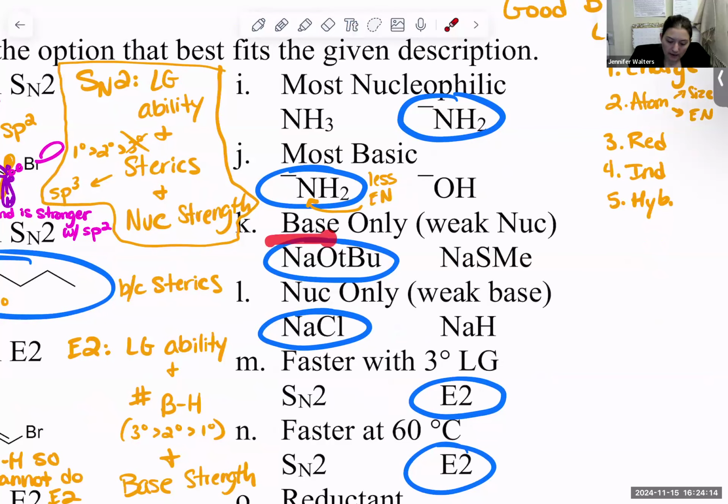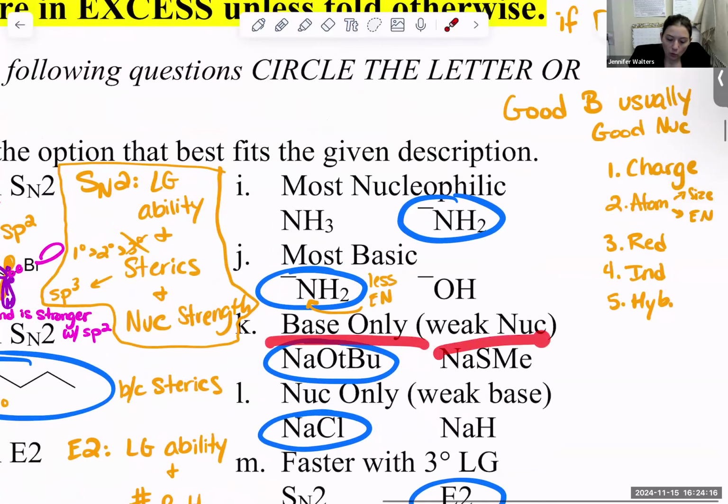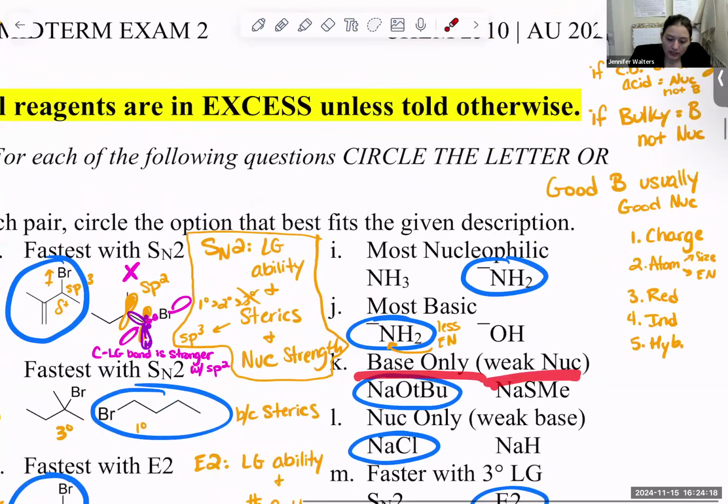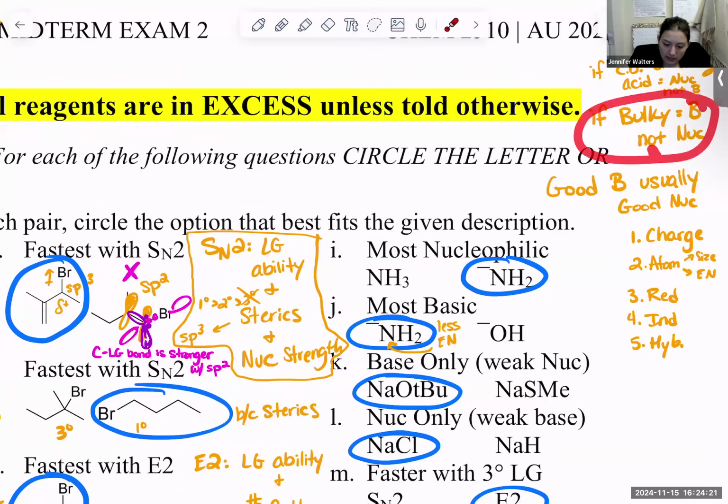Looking at base only, where we become a weak nucleophile is going to be sterics. So when I look at this, I see that tert butyl, that is bulky. That cannot be a nucleophile, so that will be a base only.